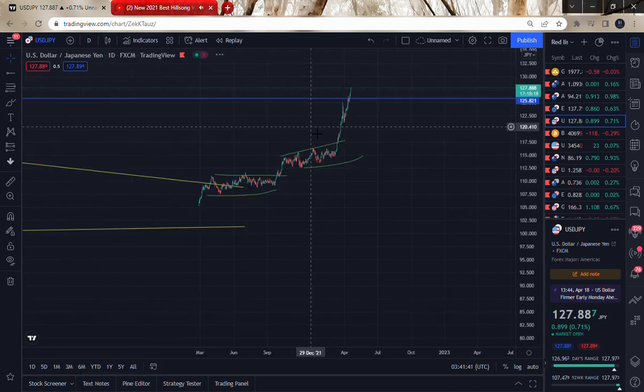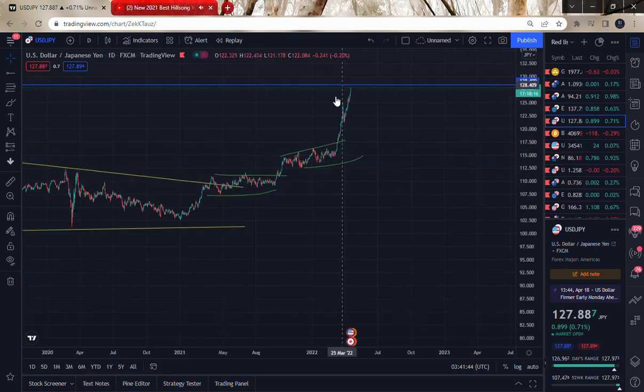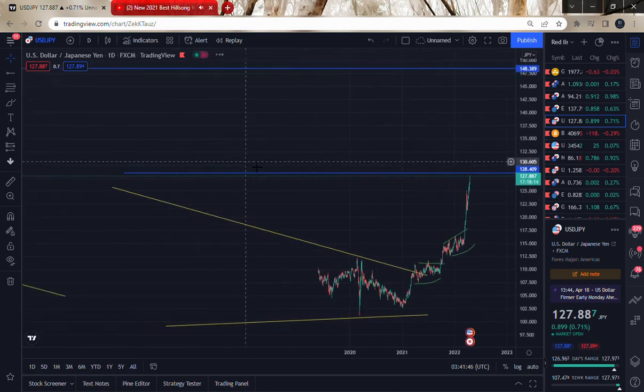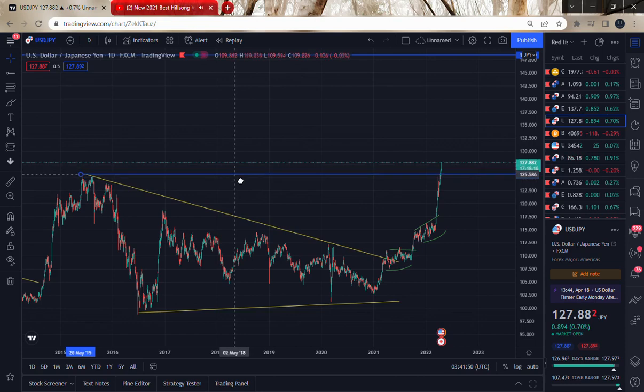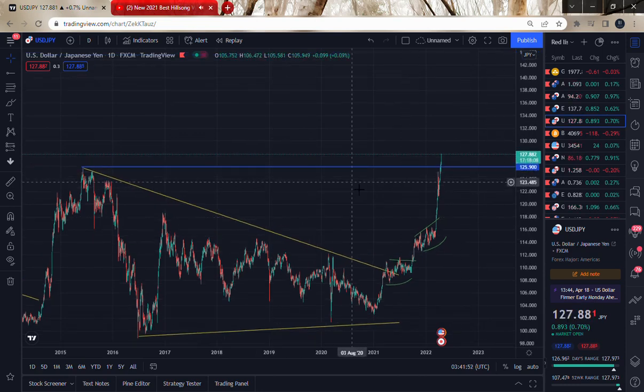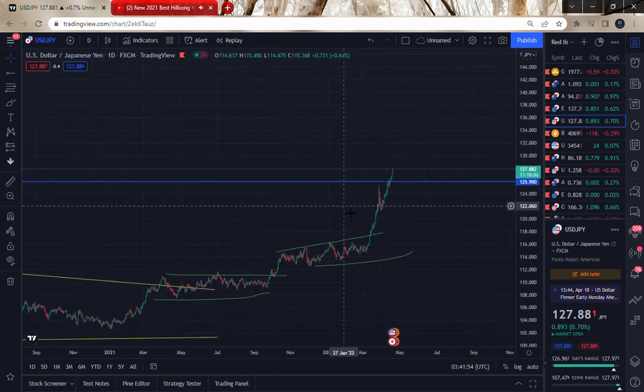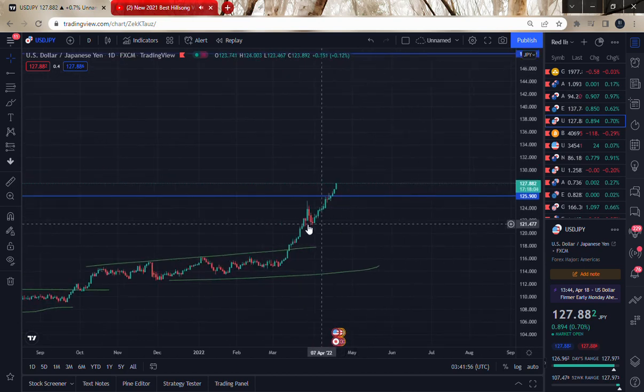Let's go to the daily. Let me make this quick, guys. This one is a quick one. So this is what we have on the daily: impulse, correction, then impulse.